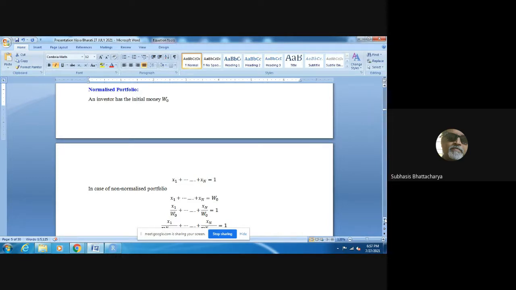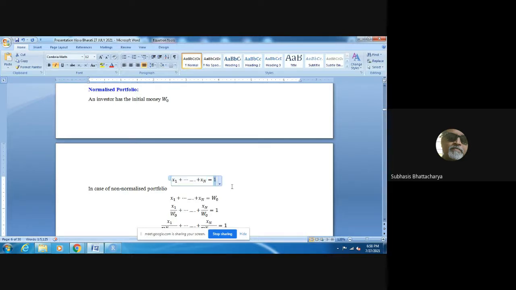So we consider a portfolio with fractions x1, x2, up to xn, generated from x1 by W0, x2 by W0, or you may write it in terms of h, h1 plus h2. Obviously the sum equals 1.